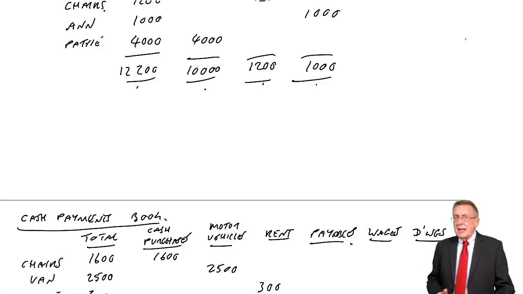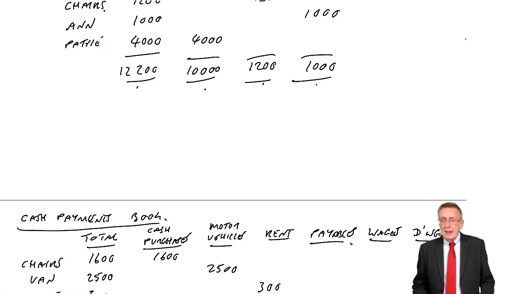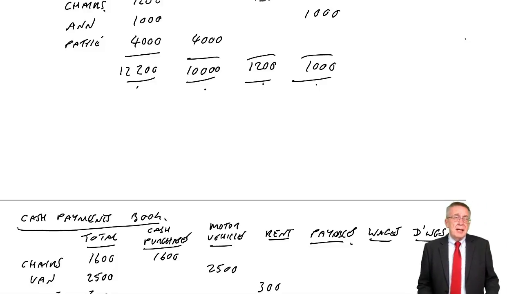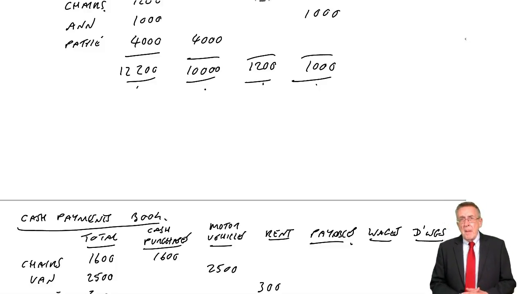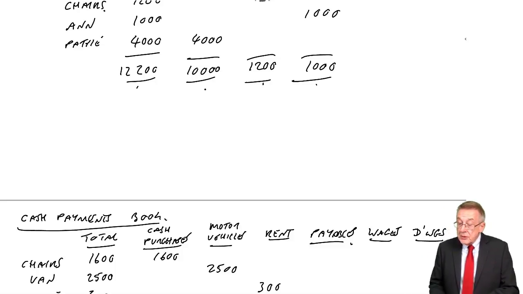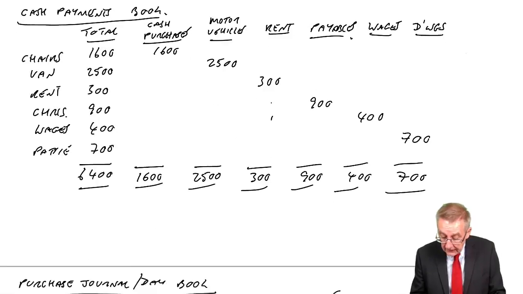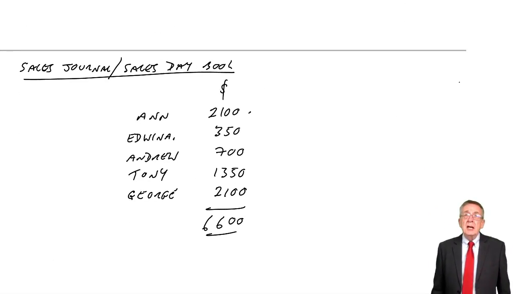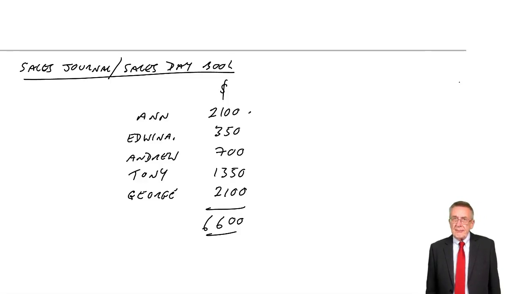One thing we do need to keep a check on, from day to day in fact, is how much we owe suppliers and how much customers owe us. For instance, partway through the month, Anne, who was one of our customers, may ring us and want to check how much she owes us. Well, this was a tiny example.